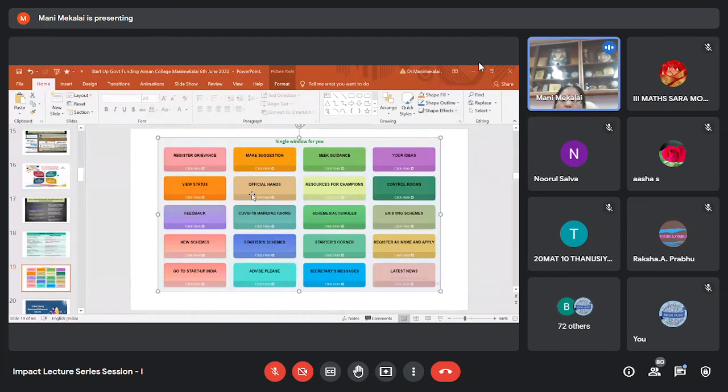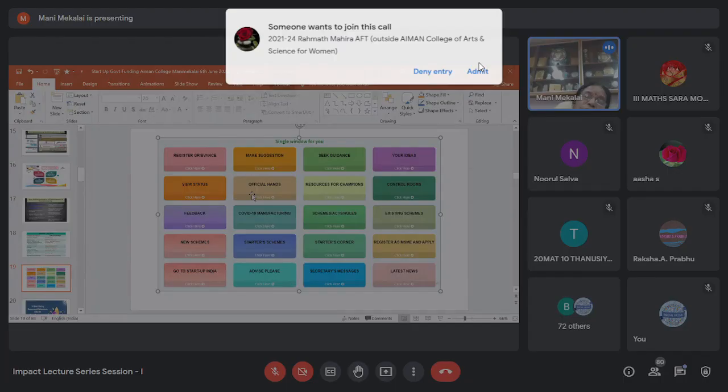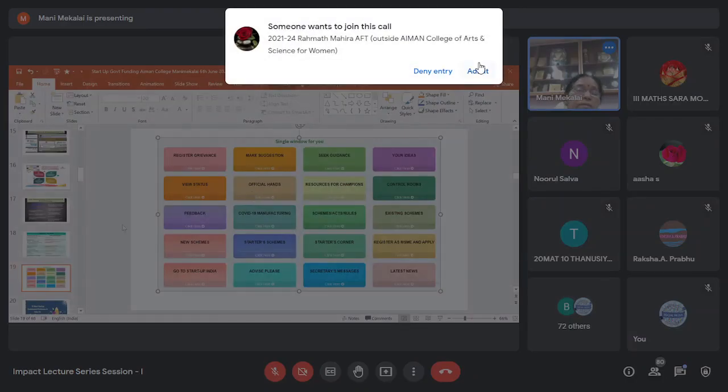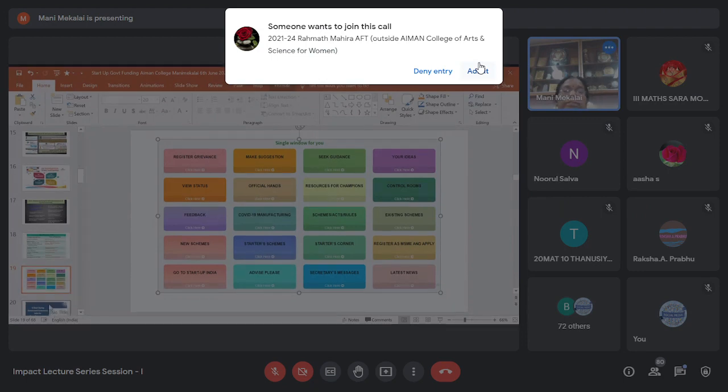What I'm trying to say is that all these are to be followed, and if you feel that it is huge, time-consuming, and you are not able to get it done, you can always make a suggestion or even a complaint about the person whom you are suspecting.